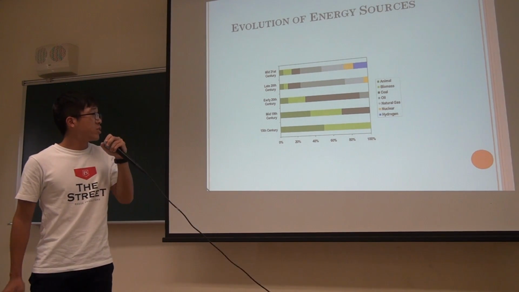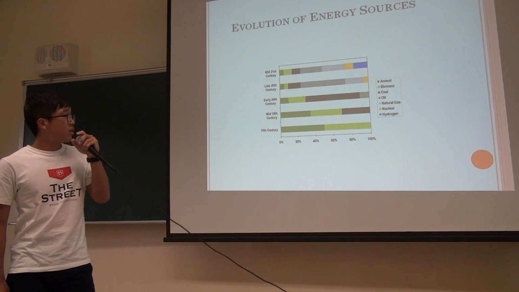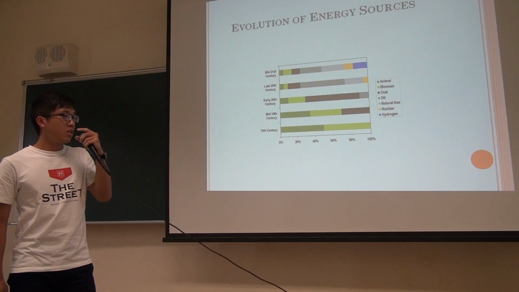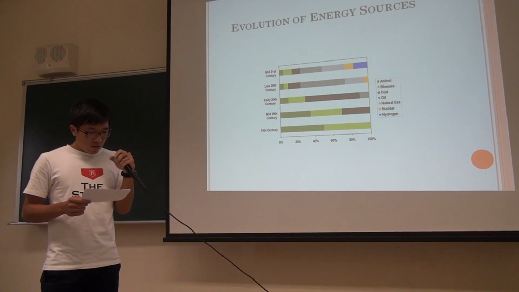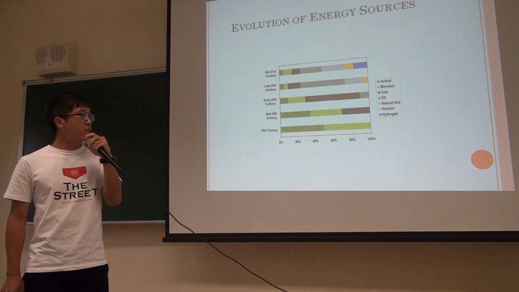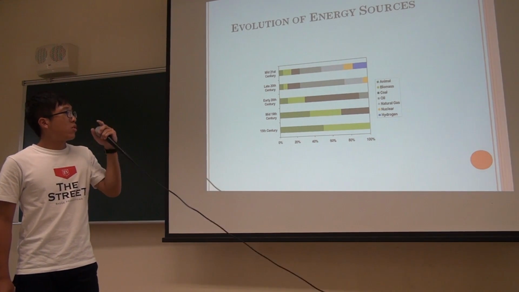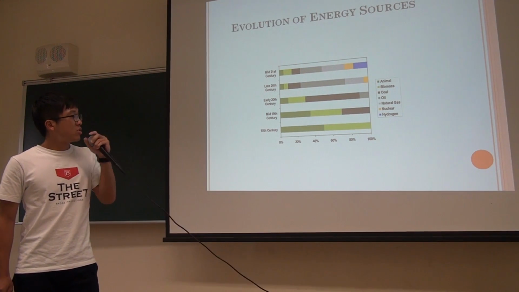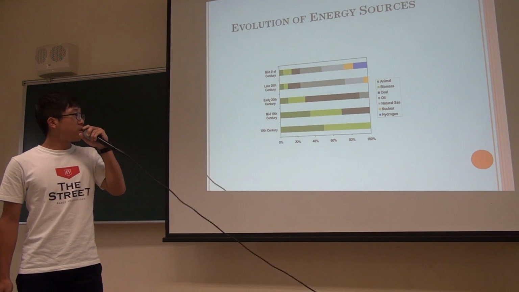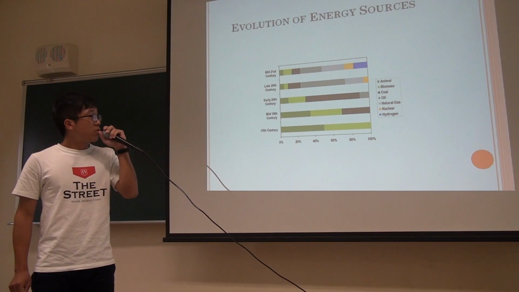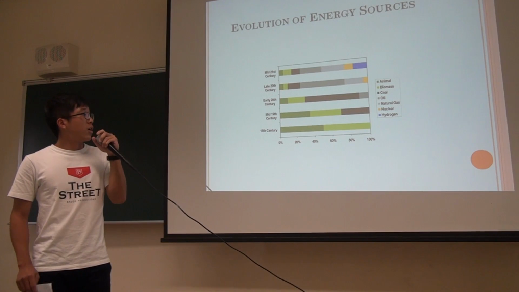From the beginning of history up to the Industrial Revolution, mankind's use of energy was only by animal or biomass sources. But by the mid-19th century, the Industrial Revolution brought a huge shift in energy.